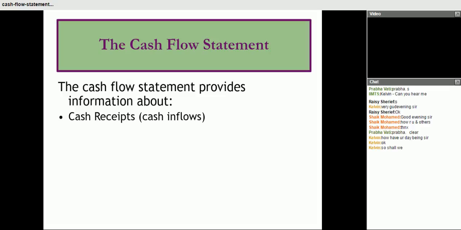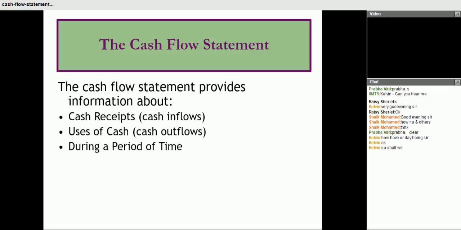Cash inflows means the cash which is coming into an organization. Usage of cash is the cash outflows. It means where the organization has spent their money throughout the year. So it is an organized way of managing the cash outflows and cash inflows during a period of time.